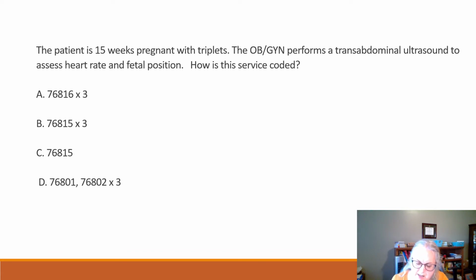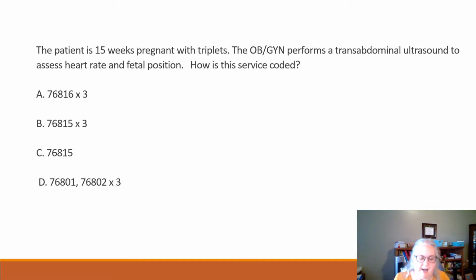We would have to go back to the main header, 76813, to find out if that is trans-abdominal approach or not, because we did not have that in that actual descriptor. So my question to myself is, what approach?